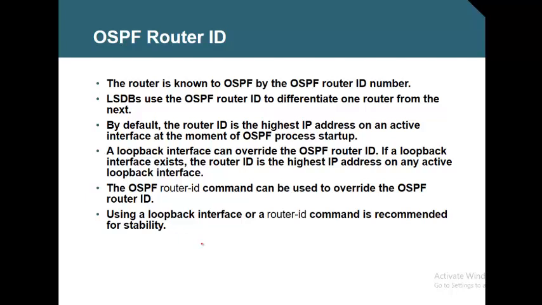Every router needs identification. They need to be uniquely identified so that they can say, hey, I'm coming from so and so router. OSPF uses IP protocol number 88, but that is not going to be an ID for the devices.